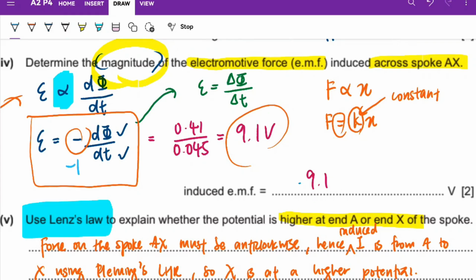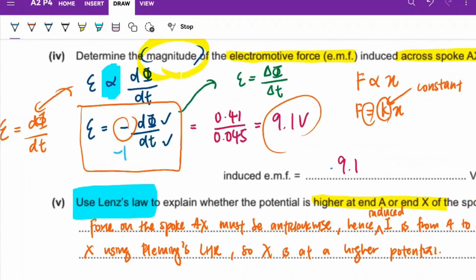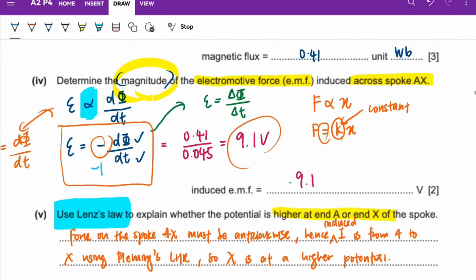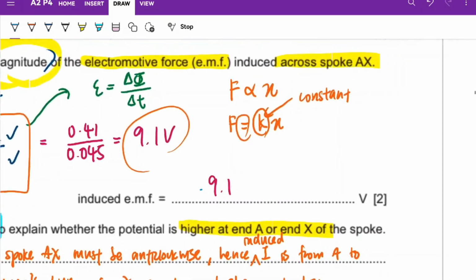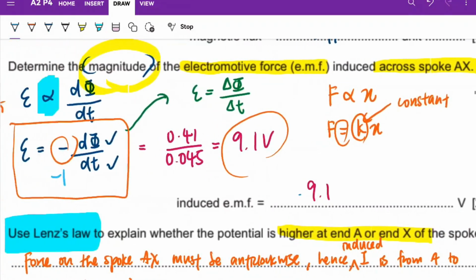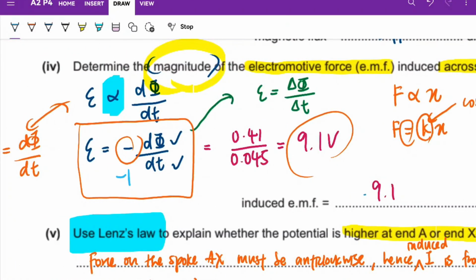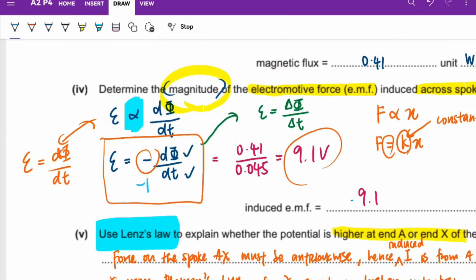So for the best way, I believe you can check with your respective teacher and seek their advice. But if it wasn't for the answer scheme, I think you should write -1, because that's the correct mathematical way of expressing a formula. But other than that, everything's good.